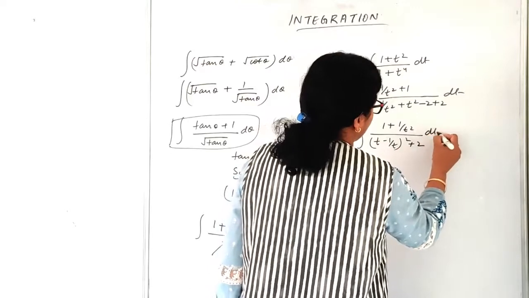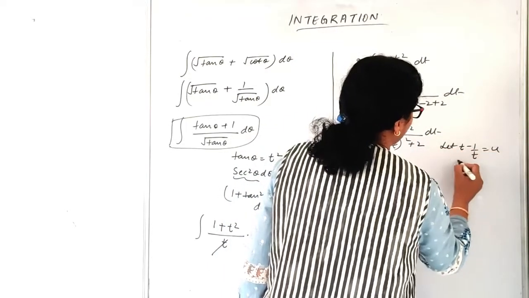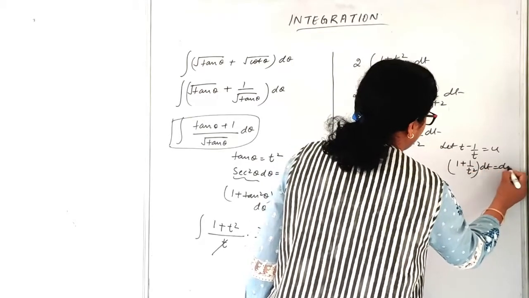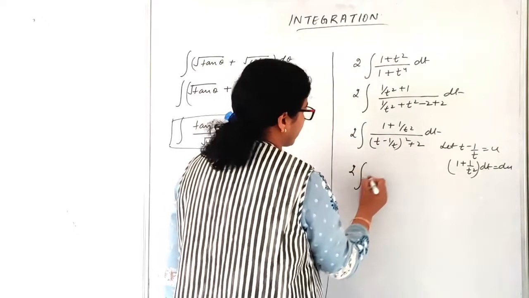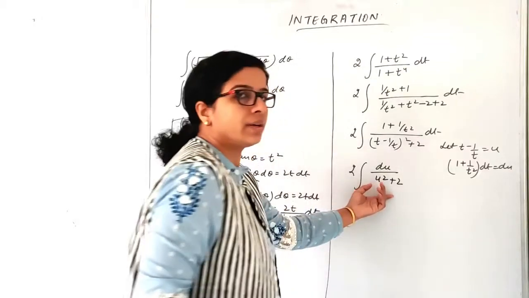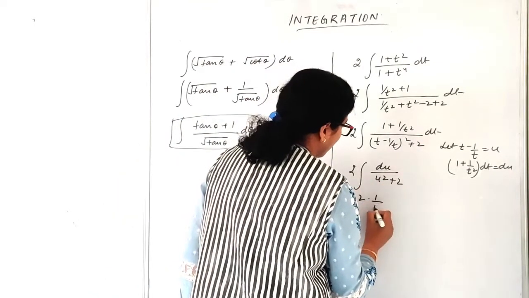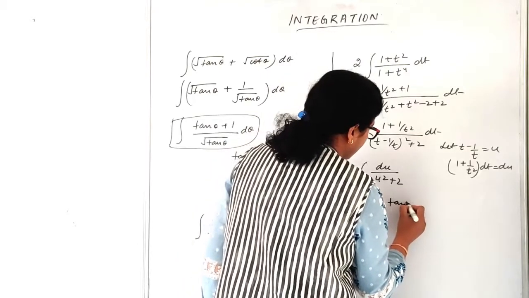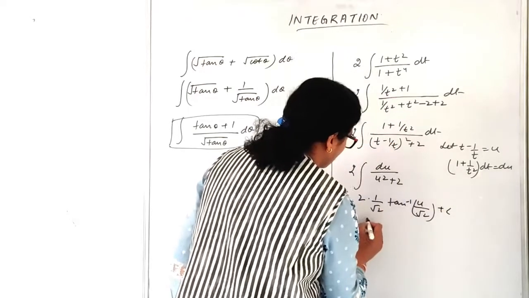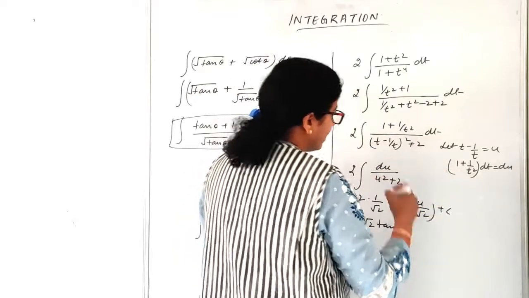Let t minus 1 by t is equal to u. (1 plus 1 by t square) dt is equal to du. Which implies du upon u square plus 2. Tan inverse formula, right? So 2 into 1 by root 2 tan inverse (u by root 2) plus c. Substitute the value, first of u and then t.